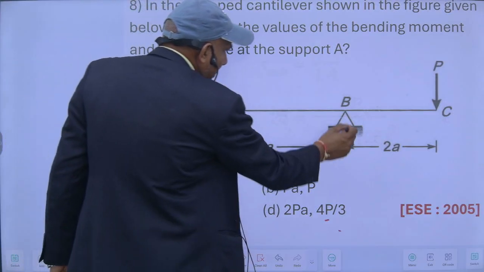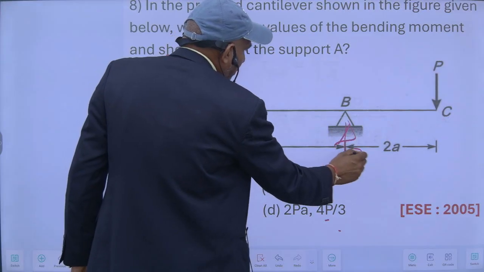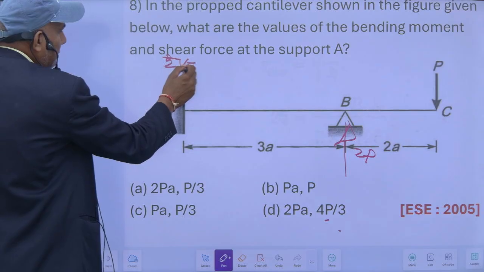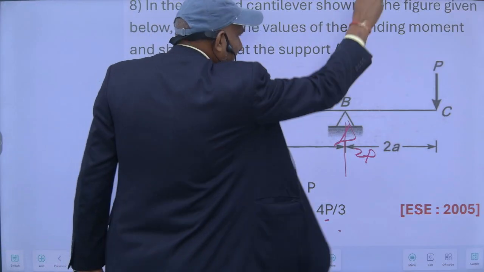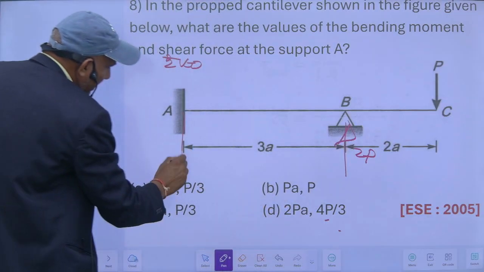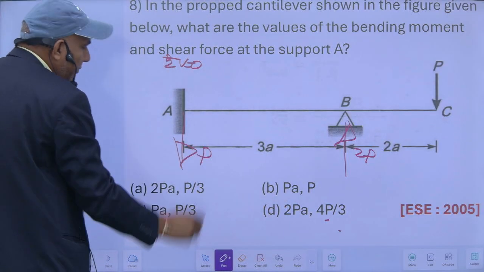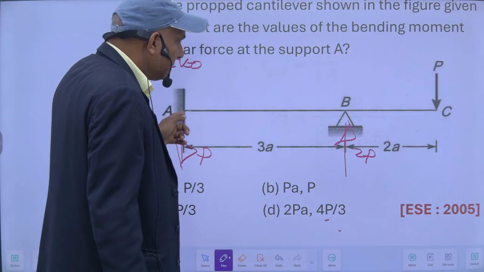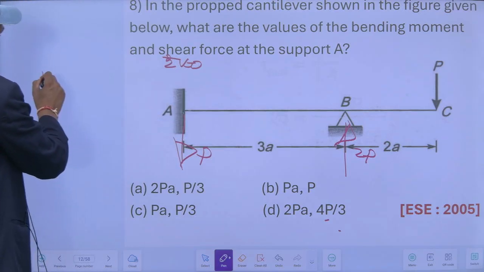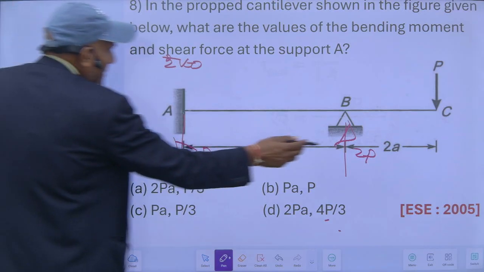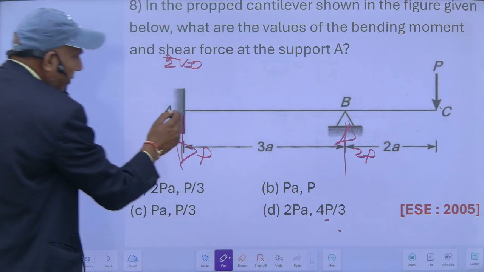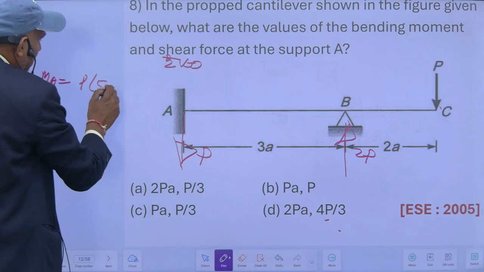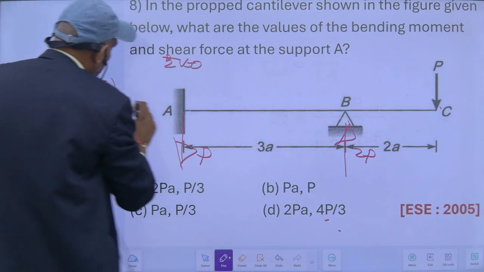So this reaction is 2P, and for sigma V equal to 0, this is 2P upward, this is P. So it means the reaction at this point will also be downward, equal to P. And if I want to know the moment at this, taking moment at A, MA will be, this is hogging, P into total 5a, so P into 5a. This will be sagging, minus 2P.